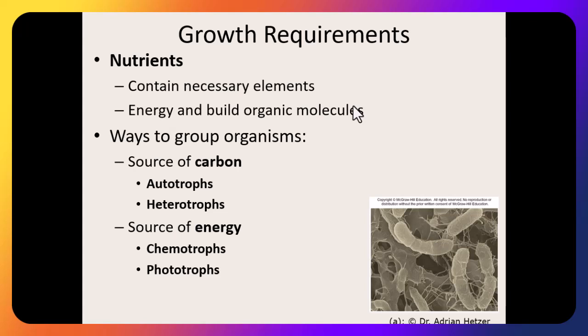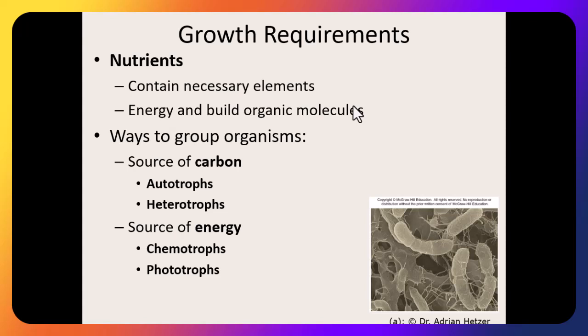Where they get their carbon and where they get their energy source helps us group different types of bacteria. We can group bacteria into categories just based on where they get their carbon and where they get their energy. So, sources of carbon. Autotrophs are bacteria that can make their own carbon molecules, which means they don't have to ingest them.